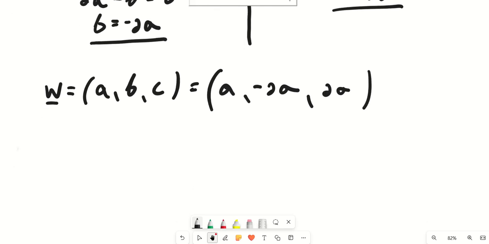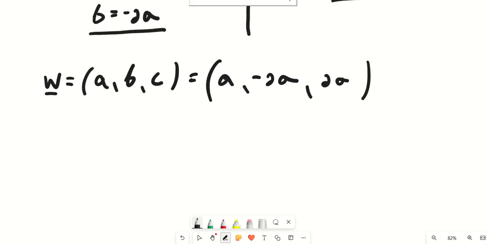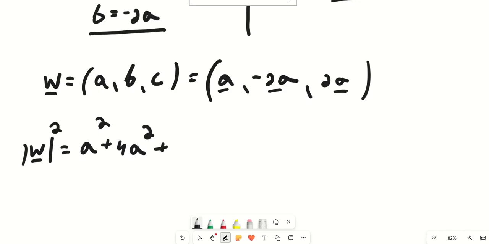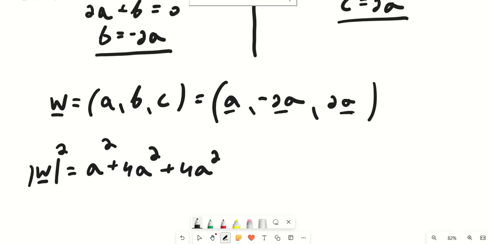Now I'm going to use the length of this vector. Let's take the length already squared, so I won't have to take the square root. So I just take coordinate by coordinate and square it. So it's A squared plus 4A squared plus 4A squared. Sorry, I have a small mistake here.